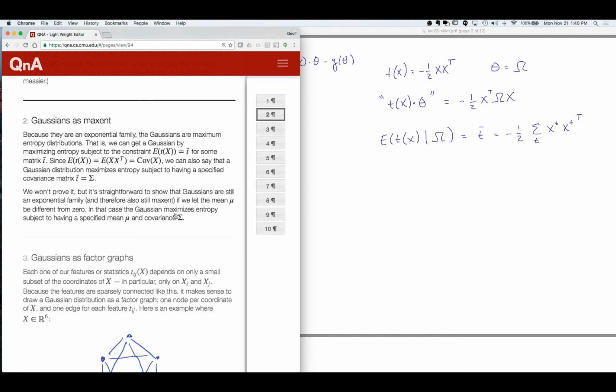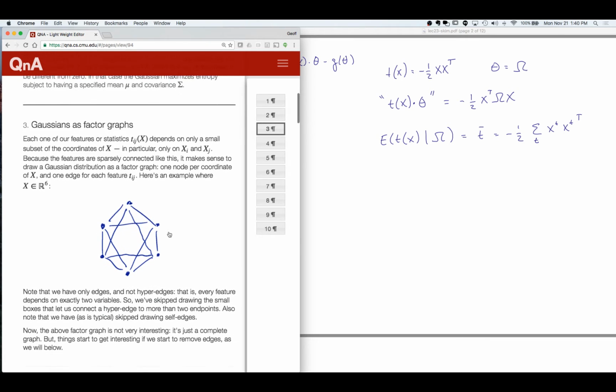All right, so that's great. We talked about max-ent distributions before, and there was in particular one useful idea for max-ent distributions, which is this idea of sparsely connected features.